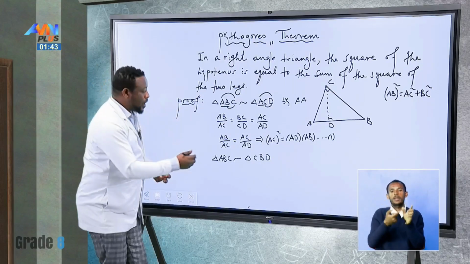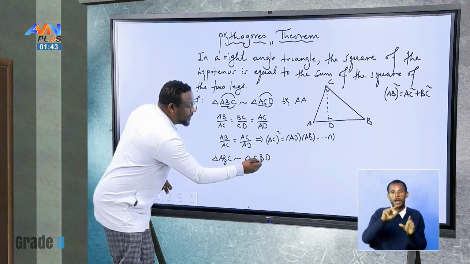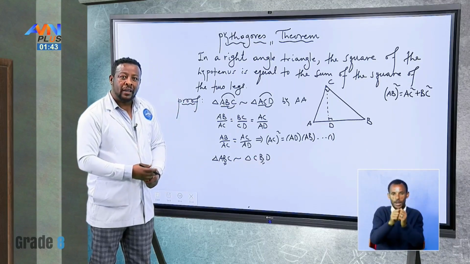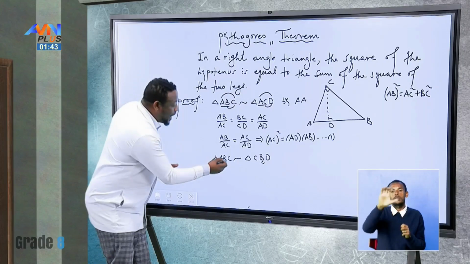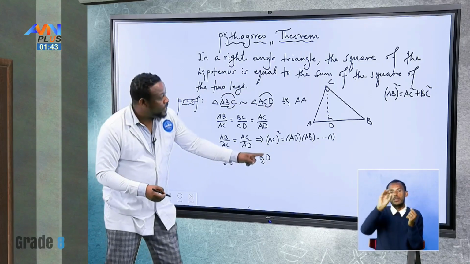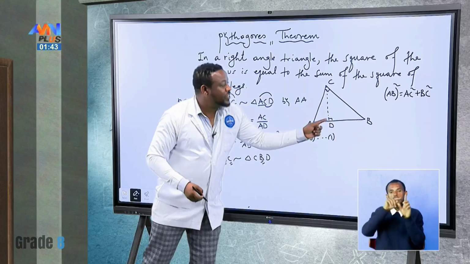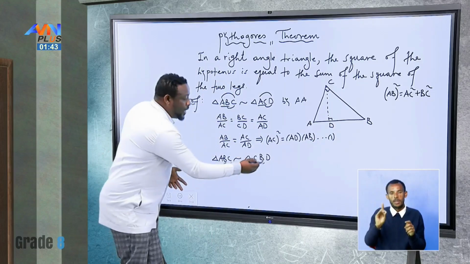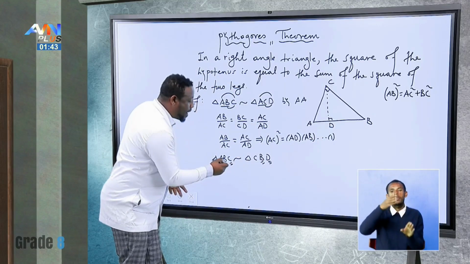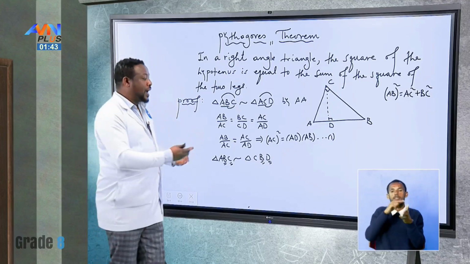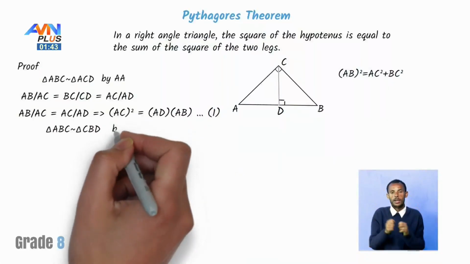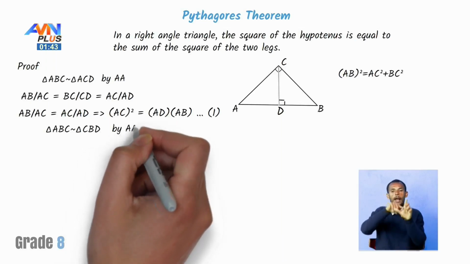Angle B is their common angle. The other is that triangle ABC forms 90 degrees at C, and triangle CBD forms 90 degrees at D. Therefore, these two triangles are similar by angle-angle similarity.